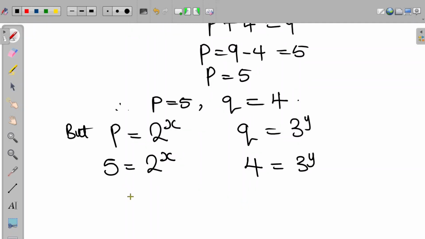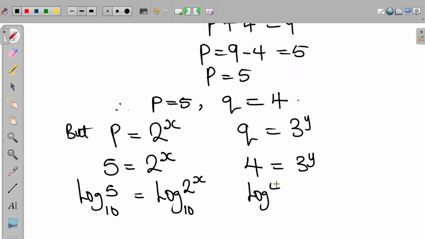Now, to obtain the values of x and y, we have to take the log of both sides in both equations. So here becomes log 5 to base 10 is equal to log 2 to the power of x to base 10. Also, here becomes log 4 to base 10 equal to log 3 to the power of y to base 10.